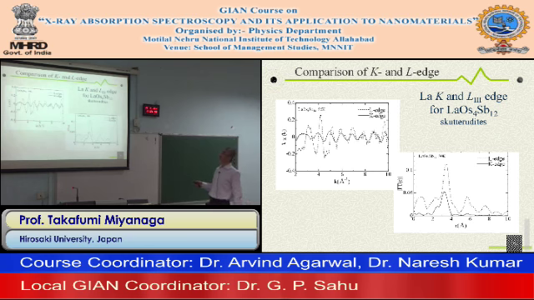The lanthanoid K edge can be detected by both the K edge and the L3 edge. The amplitude of EXAFS is larger for the L edge than the K edge. Of course, it includes the energy resolution from the monochromators or the natural width. So in this case, usage of the L edge is better than the K edge.